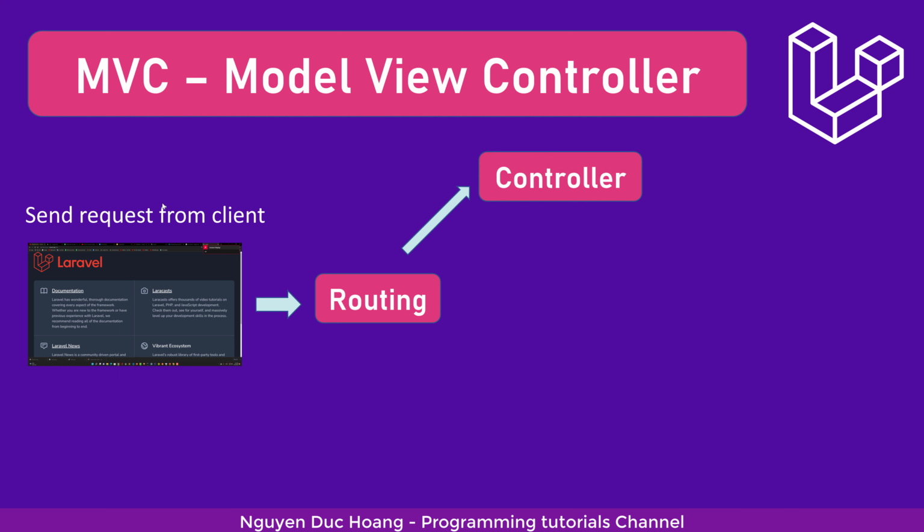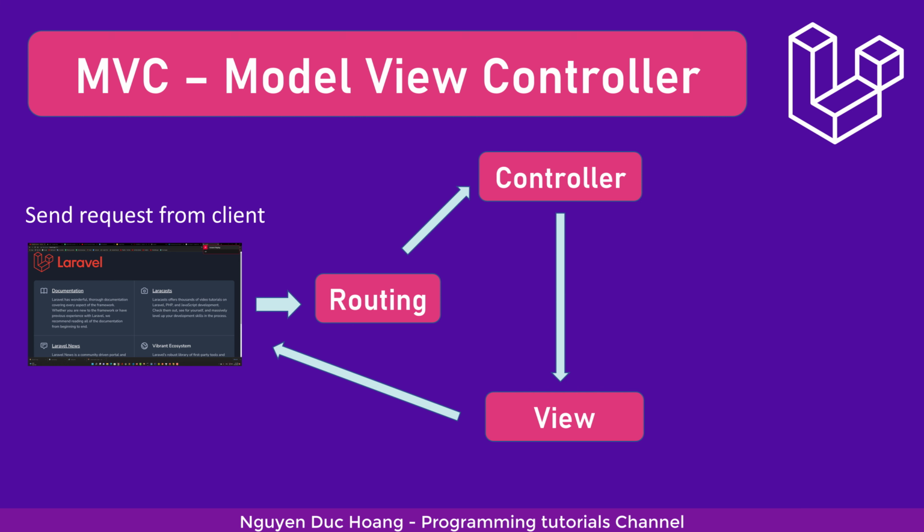The client can send the request by using Google Chrome, Firefox, etc. The controller receives the request from the client through routing, processes the business logic, and then returns to the view, and the view will be displayed for the user to see.